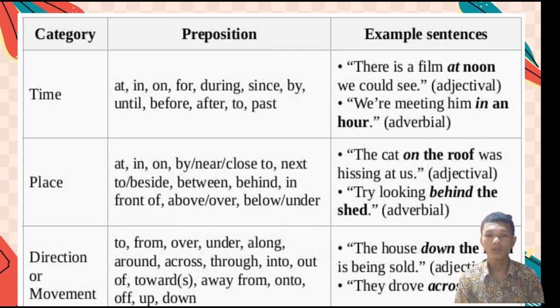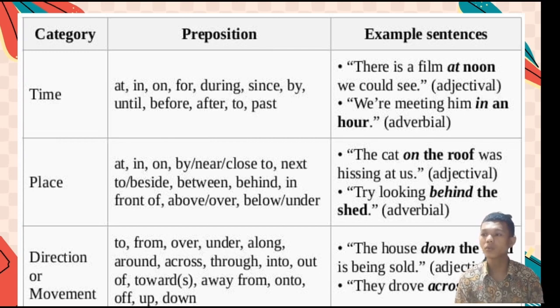Dan contoh kalimatnya itu there is a film at noon we could see. Yang mana itu termasuk keterangan. Dan contoh keduanya yaitu we're meeting him in an hour. Ya, itu menjelaskan jam atau waktu.